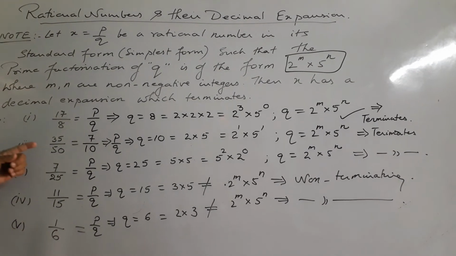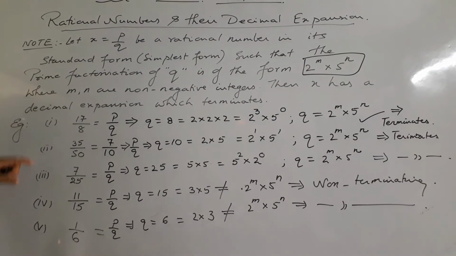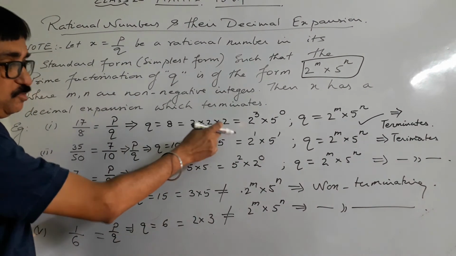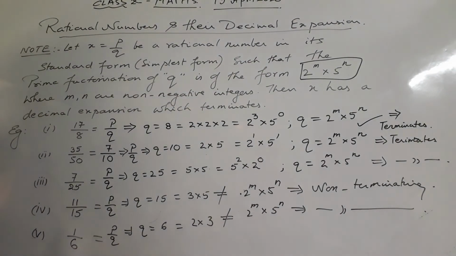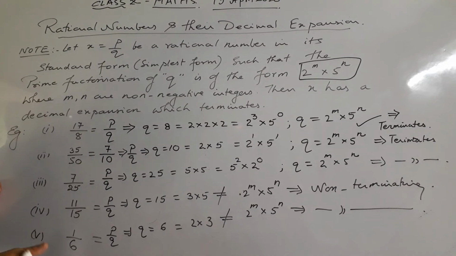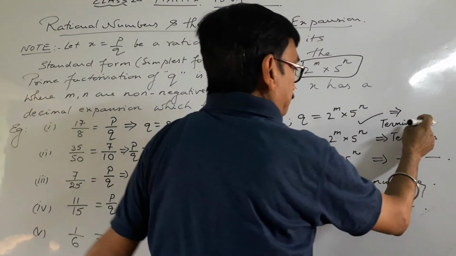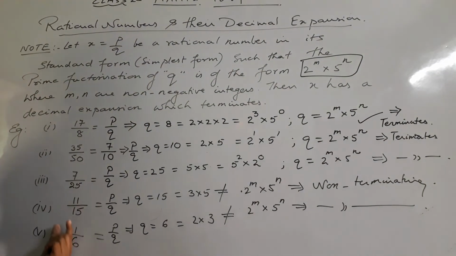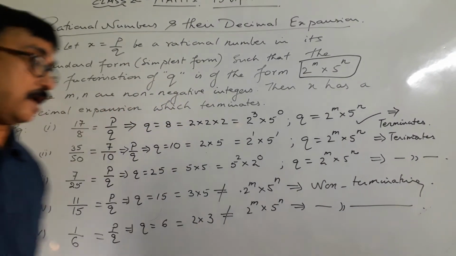Once again we can see that for the standard form of a rational number, its denominator's factors must be of the form 2 to the power m into 5 to the power n. If they are of this form, then only the given rational number will terminate. Otherwise, the rational number will be a non-terminating number.